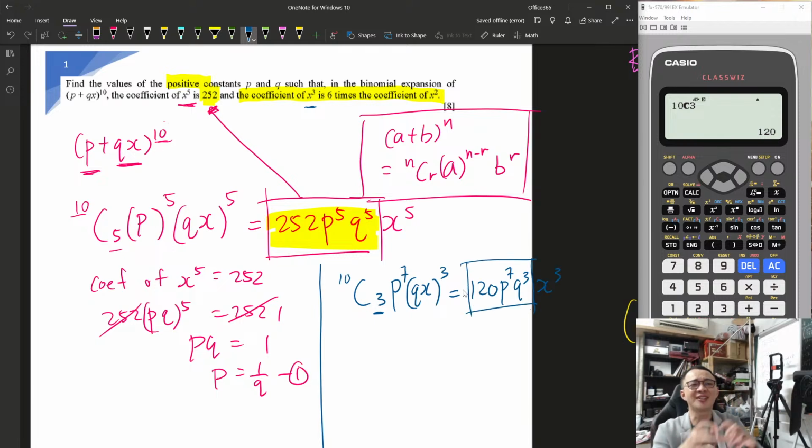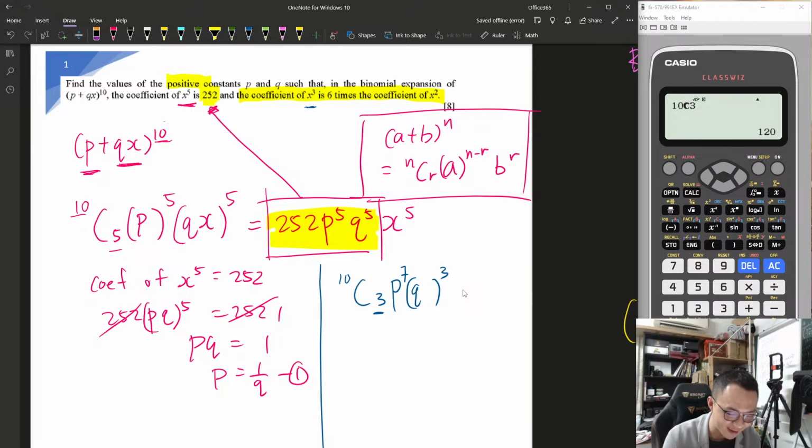But if I want to save some time, I will not do it one by one. I will just write them in one whole sentence. When I say coefficient of x power of 3, you see what I'm doing here. Because I understand coefficient means the number in front of the x power of 3, I will not write the x here.